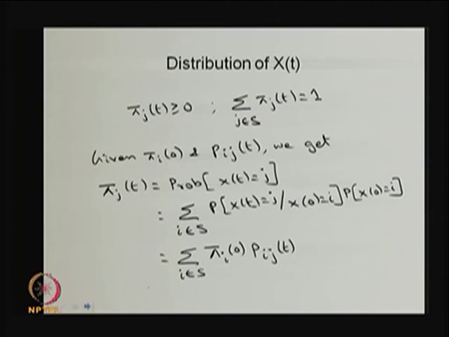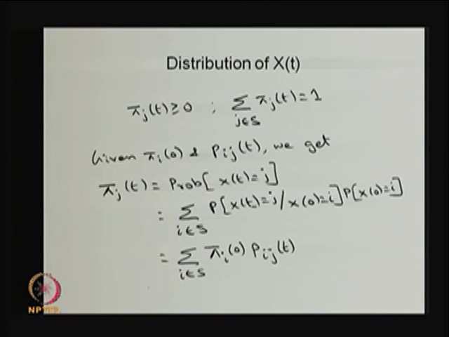I know that the probability of x of 0 equal to i is the same as pi i of 0, and this transition probability, since the Markov chain is time homogeneous, is from 0 to t. Here 0 is the time point, t is any time point, and i is the state in which the system was at time 0. So if I multiply pi i of 0 with Pij of t for all possible values of i, I will get the probability that the system will be in the state j at time t.